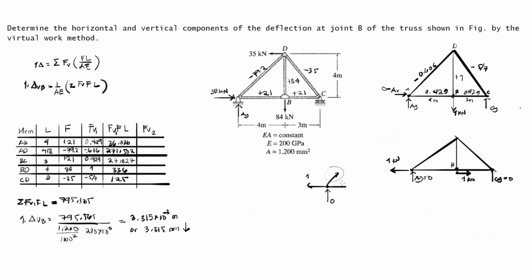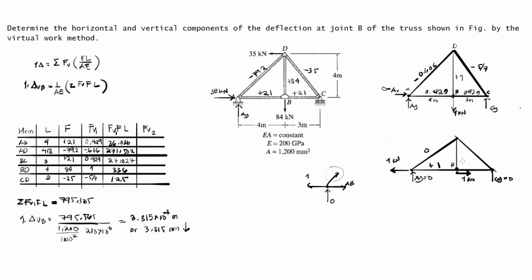Ay 0 yan. So, automatic, this one is 0. So, 0 to. Okay? So, ang meron lang tayong member force dito is yung AB. That is equal to 1. Okay? Tension siya. So, positive 1. Okay? And then next is here.